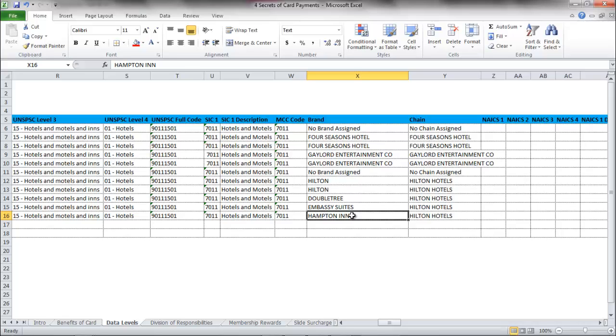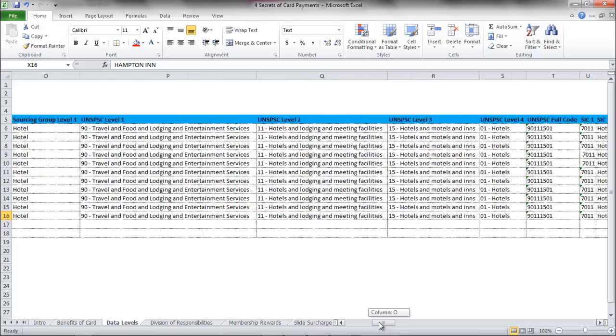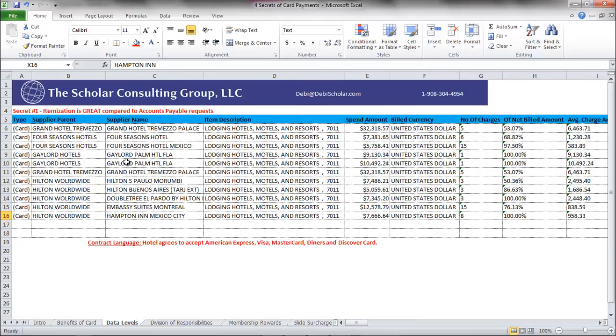This kind of data really helps me when I'm trying to leverage the total volume of transient and group spend with a client so that we can actually get better discounts, more concessions, etc. Of course, I also like to add to my hotel or other supplier contracts that they agree to accept the different card products that I may use.